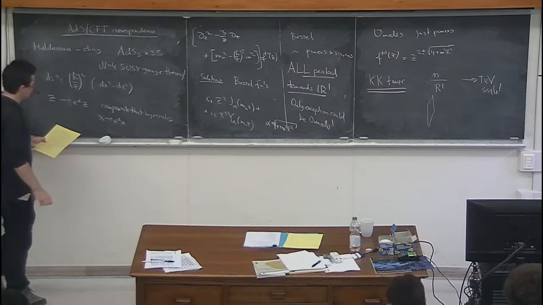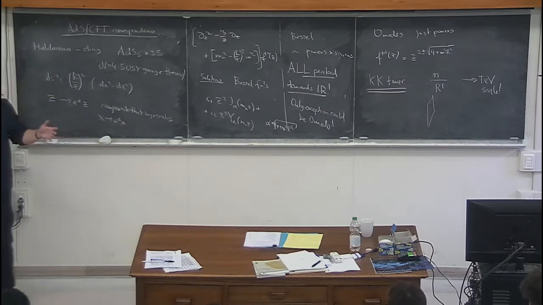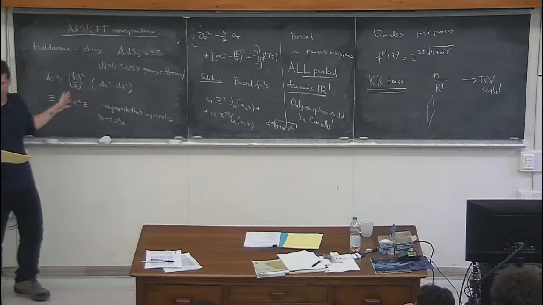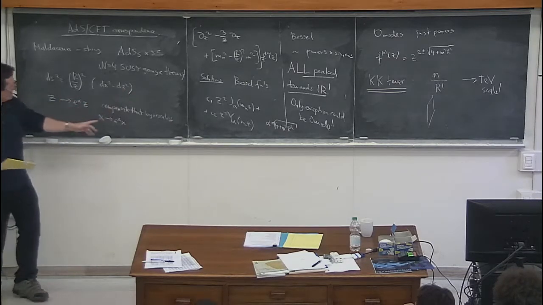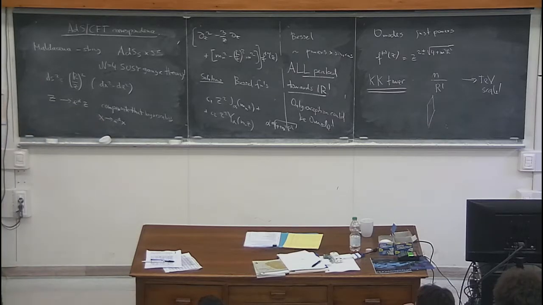Okay, so that's really it. That explains roughly all the physics we have been talking about until now, and it's explaining the heart of the AdS/CFT correspondence. What it's saying is that a motion along the extra dimension is equivalent to rescaling your coordinates in the 4-dimensional theory.